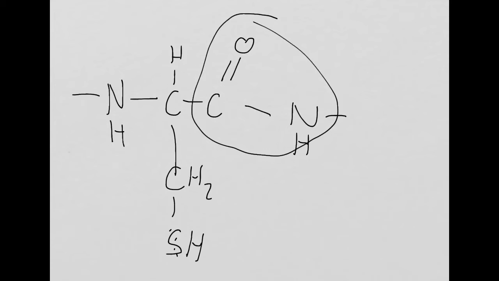Cysteine and methionine. Which one would that be? Are you sure? Cysteine? Yeah, why? Because in the methionine it would be a CH3 group. So this one would be cysteine.